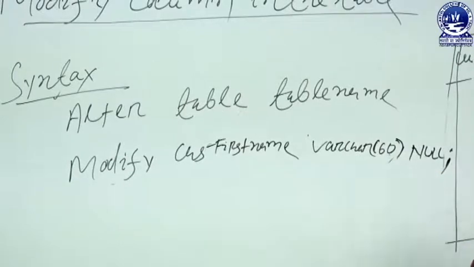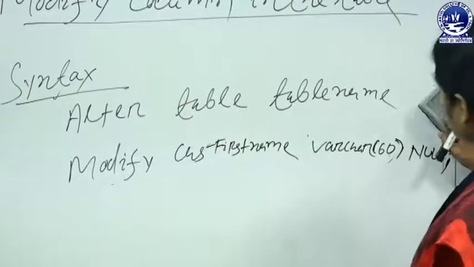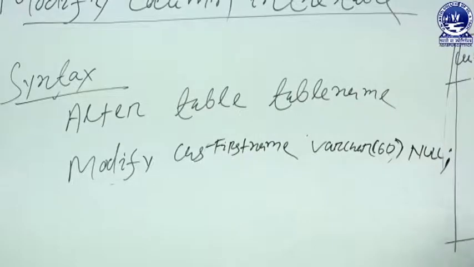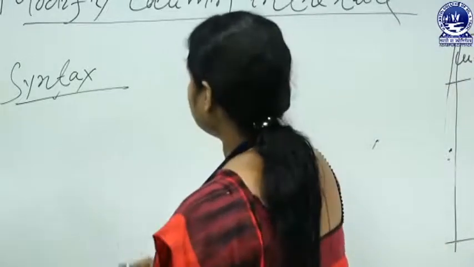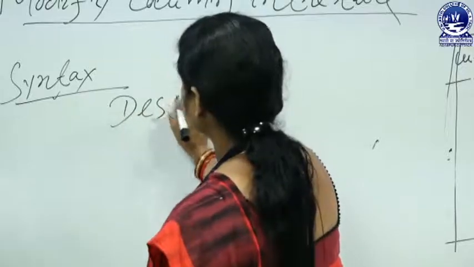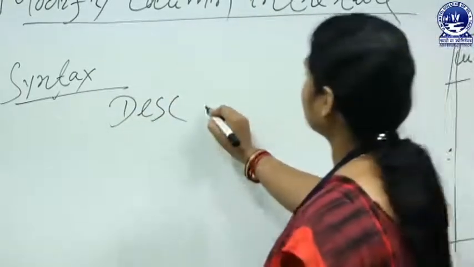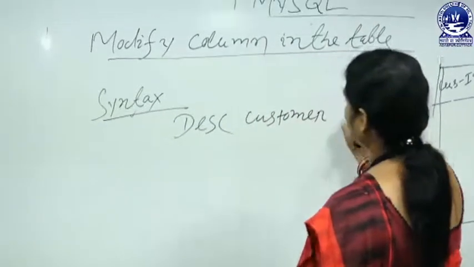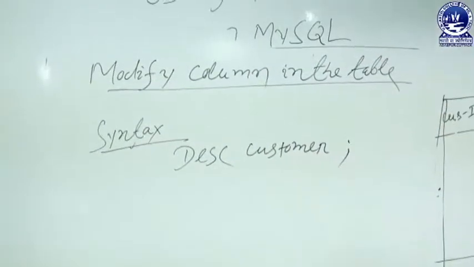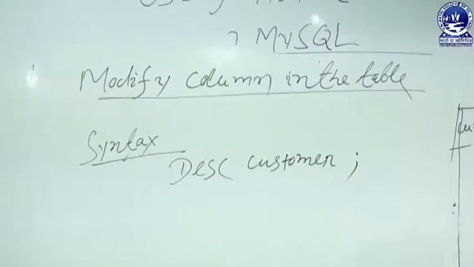To see the result of the table, we use desc table name customer, which describes the table.